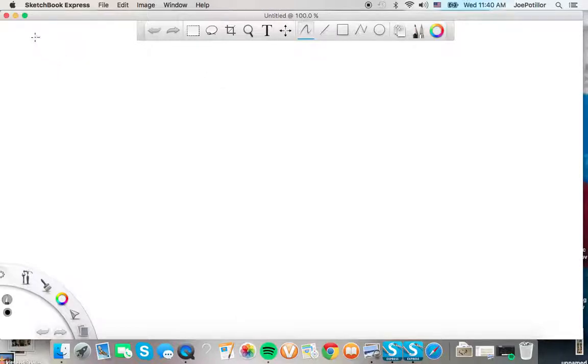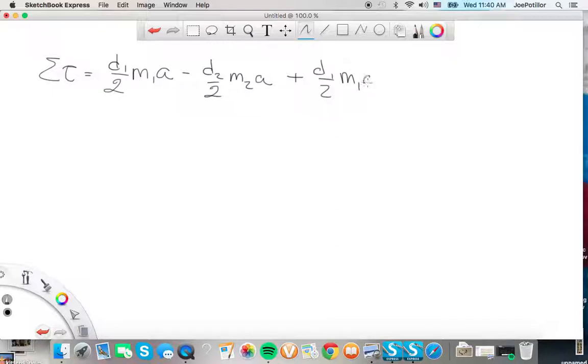Okay. So now, the sum of torque equals d1 over 2 m1a minus d2 over 2 m2a plus d1 over 2 m1g plus d2 over 2 m2g, like that. Okay.